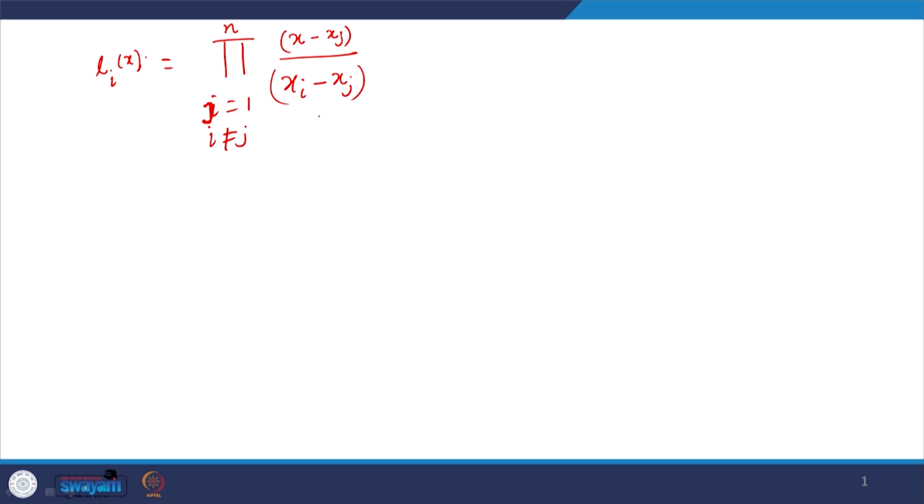So, this automatically satisfies that it is going to be equal to unity when evaluated at x I, and it is going to vanish at all other nodes j.